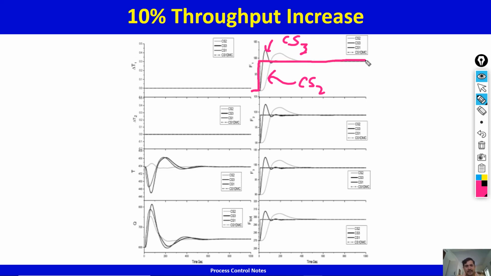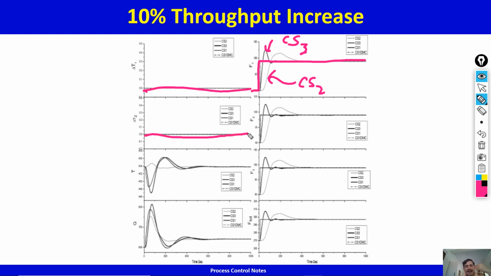The flow is increased by 10%. CS1 and CS1-DMC give you perfect flow control, and because the heating rate in each of the passes is the same, there is no pass load imbalance. Because there is no pass load imbalance, the delta T's remain fixed at 0.